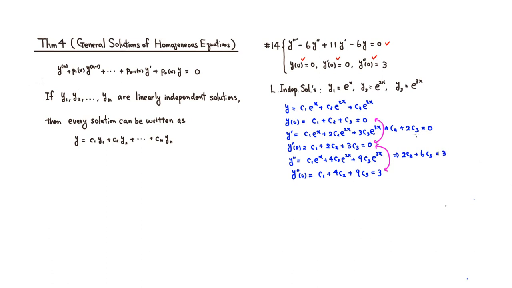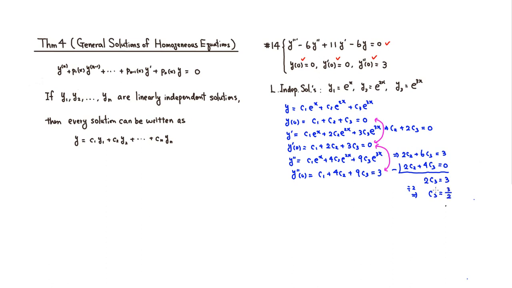Then I'm going to multiply the first new equation by 2 to get 2c2 + 4c3 equals 0. So I'm going to go through the subtraction. Then we get 6c3 minus 4c3, which is 2c3, and that's equal to 3. So divide through by 2, and we have c3 equal to 3 halves.